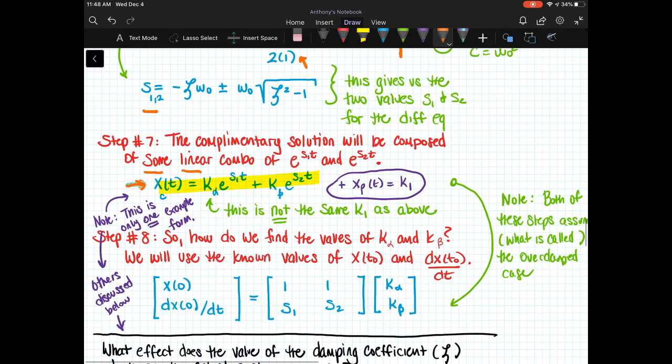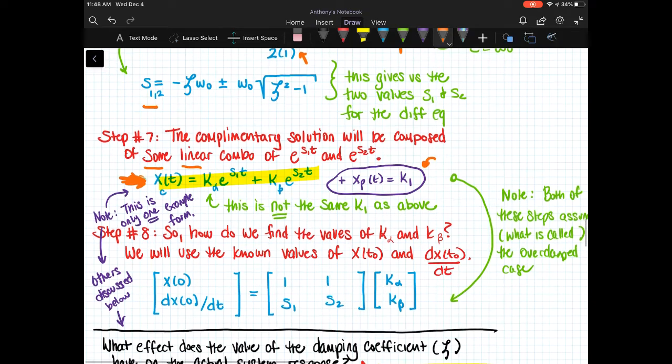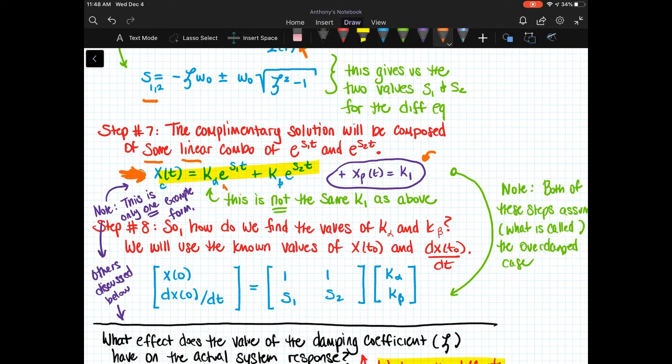However, this form right here is not necessarily going to be the form that's going to apply to every type of solution. We also can't forget our particular solution if we do have one. So I also took the liberty of renaming these to K alpha and K beta because I thought it might be confusing using the numbered indices again, calling them K2 or K3.